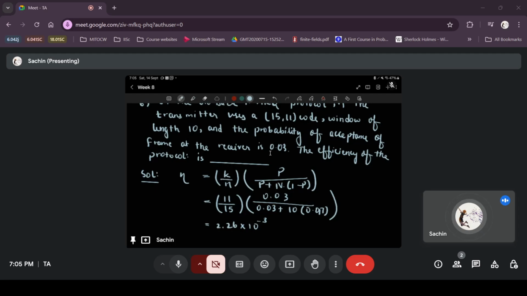That is the efficiency of the go back N ARQ for the given parameters. How we got that formula is in the lecture, and you can go check that out.